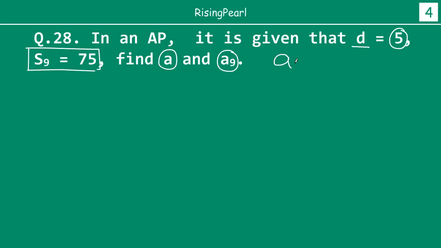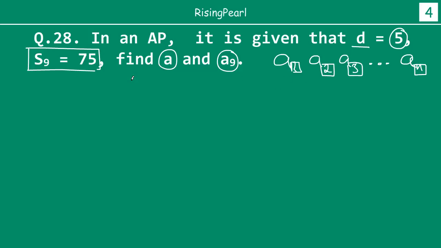Recall how we say the first term is A1, the second term is A2, the third term is A3, so on and so forth, right? The nth term is An. So this is the subscript. How we represent the first term, the second term, the third term, so on and so forth, and this is the nth term.